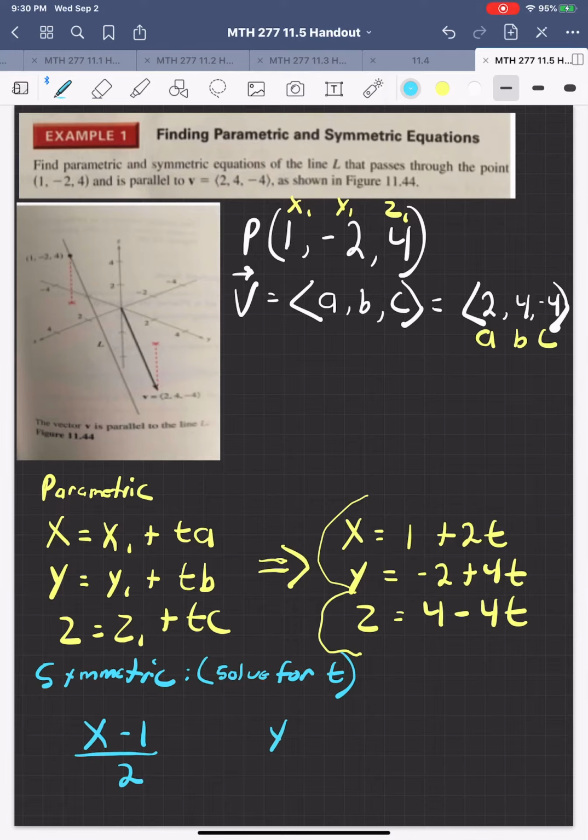And then y plus 2 over 4. And finally solve for t, you have z minus 4 over negative 4. The only thing left is to make a statement of equality here. All right, so example 1 is done.